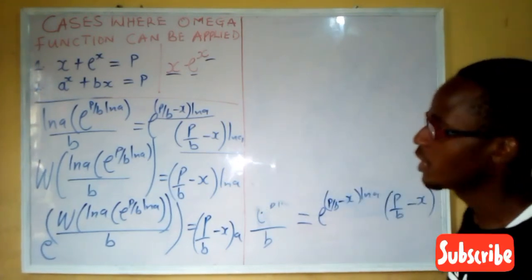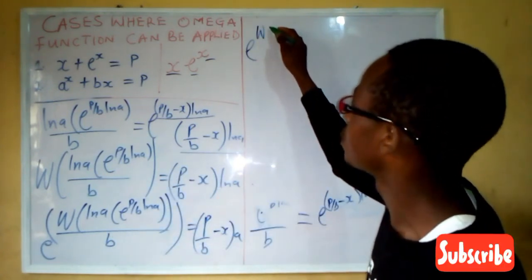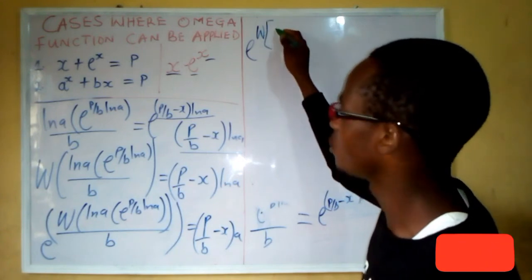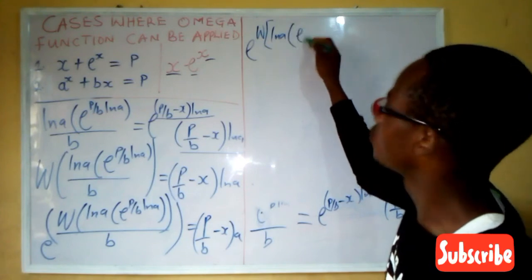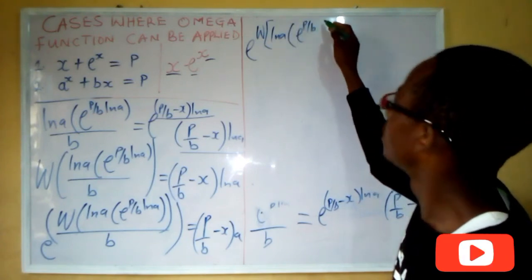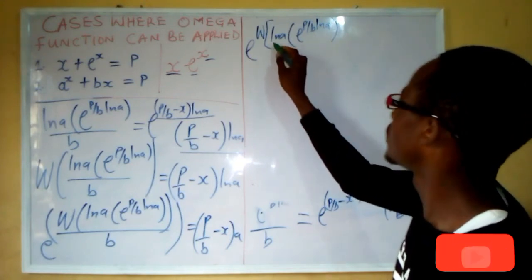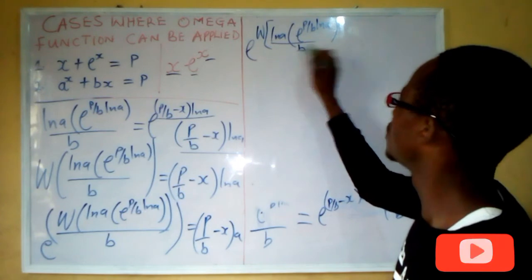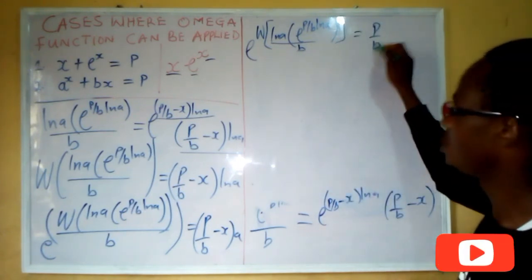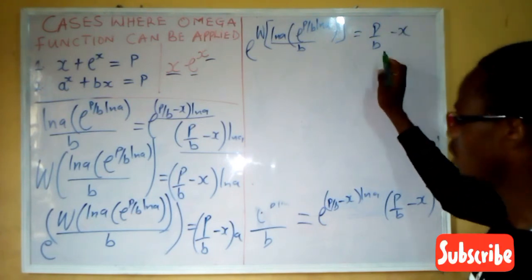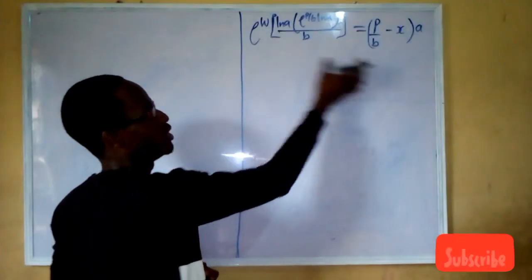So which means that I have the exponential of what is here, the W function of, let me use a square bracket, ln a multiplied by the exponential of p all over b ln a, close the bracket, then don't forget all over b, all equals p all over b minus x multiplied by ln a.